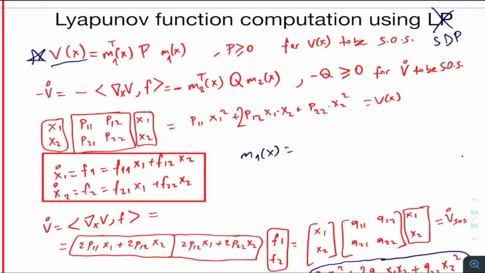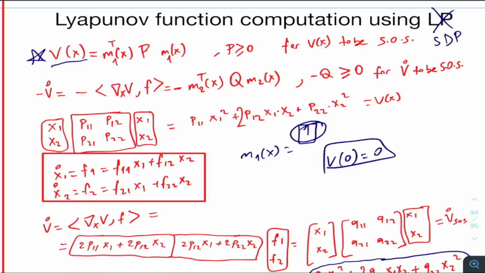Let's say we have a two-dimensional system, right? But before that, if we include 1, that would complicate our problem, because we are going to impose this constraint. We are going to parameterize this V of x, and the coefficients that correspond to that basis function, that term, will be 0.